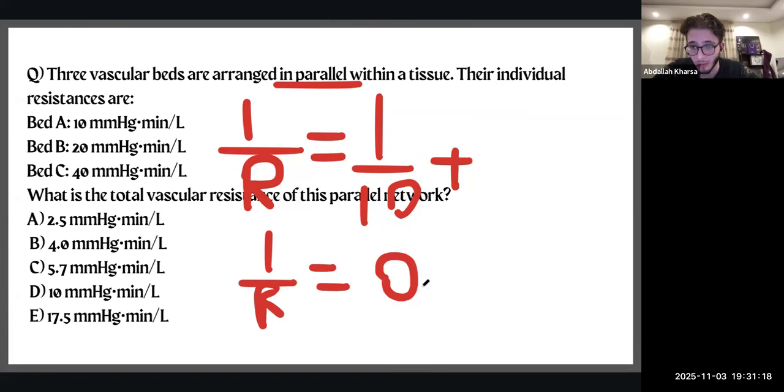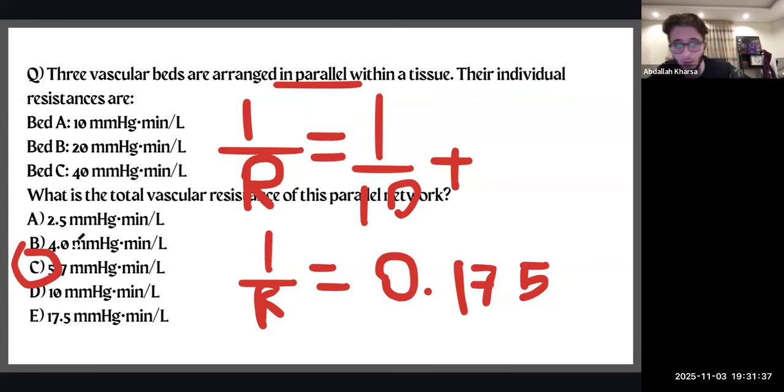We're going to get 1 over R equals 0.175. If you flip it and do 1 over 0.175, you're going to get 5.7, which is exactly why you are correct. Thank you so much. I'm glad you guys were able to do it on your own. I may have given you too little time, but I'm glad you guys understand it.